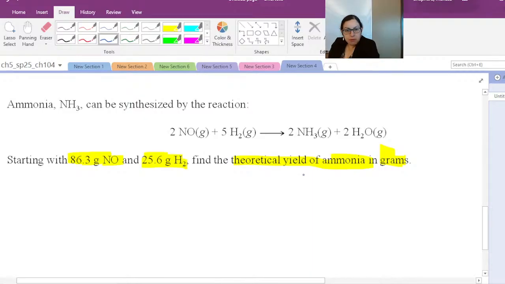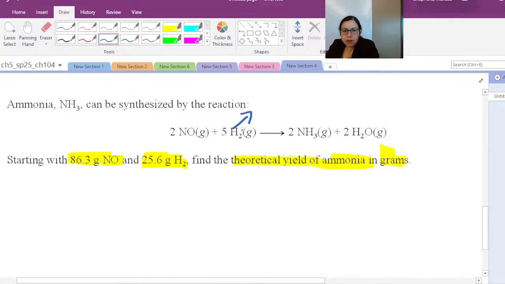What do we need before we even get into it? Not percent yield, but we need molecular weights. We need hydrogen, we need NO, and eventually we'll need ammonia.